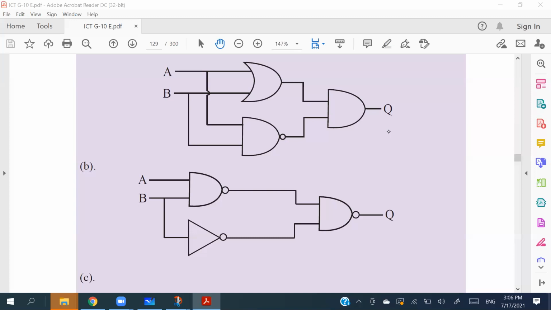Ravindu, it's better if you can draw the circuit and have the answer, right?